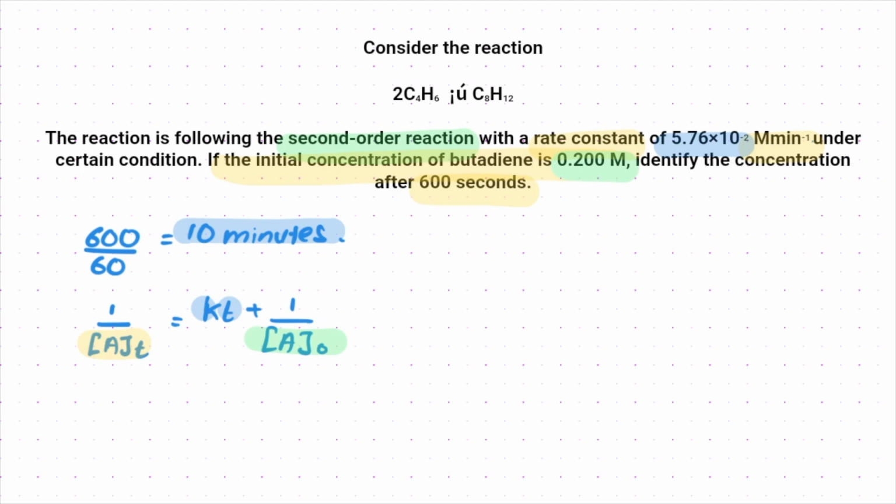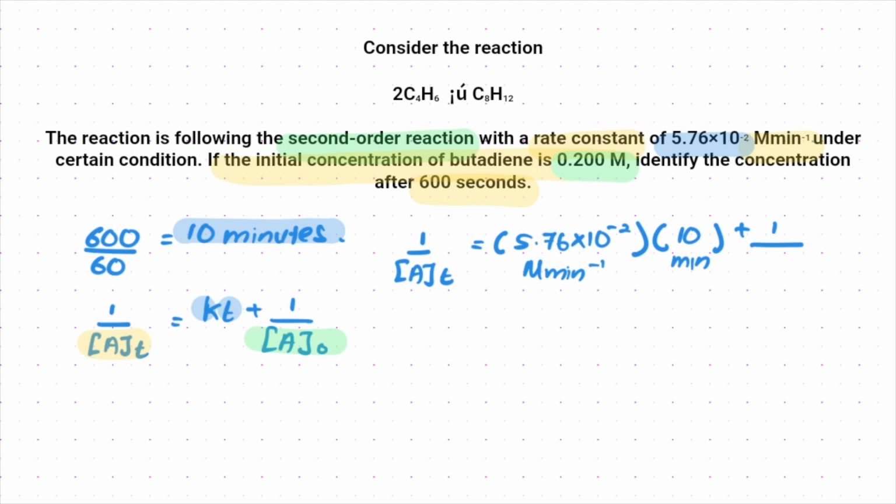Since we already have all the values that we need, we can calculate 1 over At is equivalent to K, which is 5.76 times 10 to the power of negative 2 molar per minute, times t, which is 10 minutes, plus 1 over A naught, which is 0.2 molar.